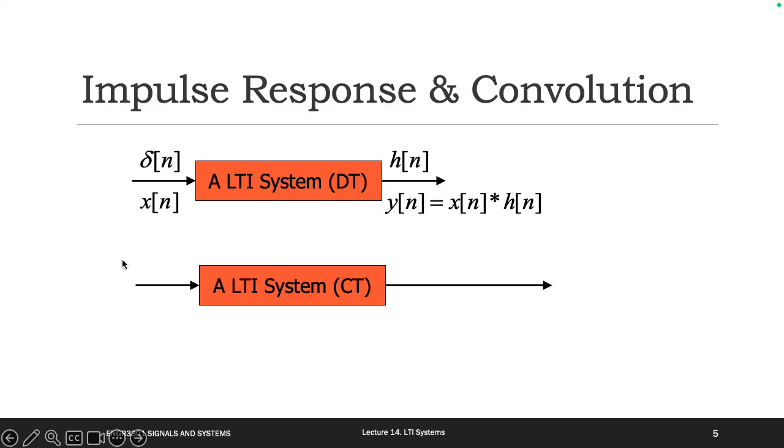Which means if you have your input and also your h[n], the impulse response, you know your output. You can represent your output. We will talk about why the output equals this one. We call it the DT convolution sum. Oh, I forgot to tell you, this star symbol usually represents convolution.